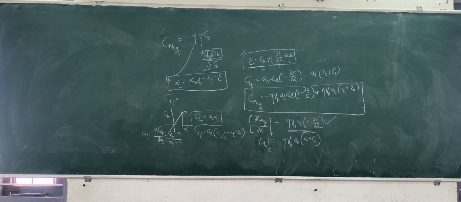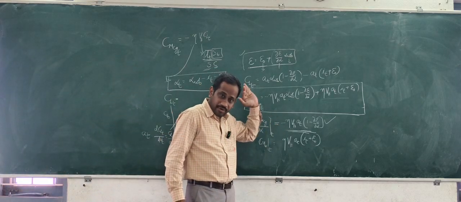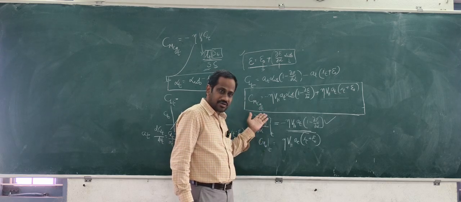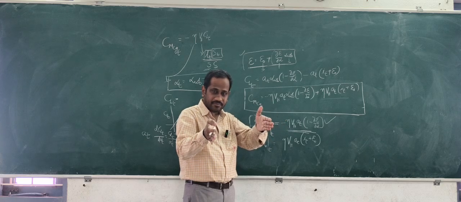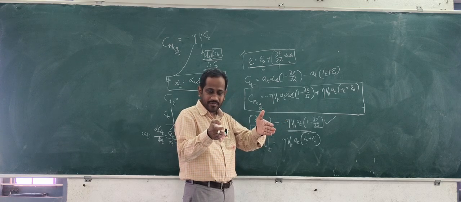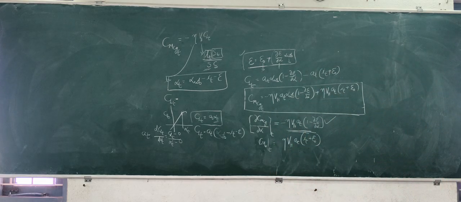Parameters you have to adjust such that the summation of dou Cm by dou alpha of the wing body plus dou Cm by dou alpha of the tail should become, look at now, dou Cm by dou alpha is positive by the wing plus contribution of tail is negative. The summation should become positive or negative? Negative. That larger value you have to get.